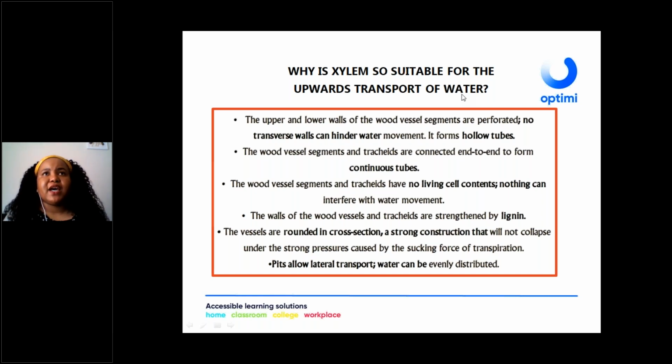You need to look at support and transport system in plants. You need to look at the leaf as an organ, and you need to look at the support system in animals. Okay, you will do transport system in animals next term, but it can differ from one curriculum to another. So just consult with your curriculum provider. But as far as I know, those are the topics that you will be doing this term.